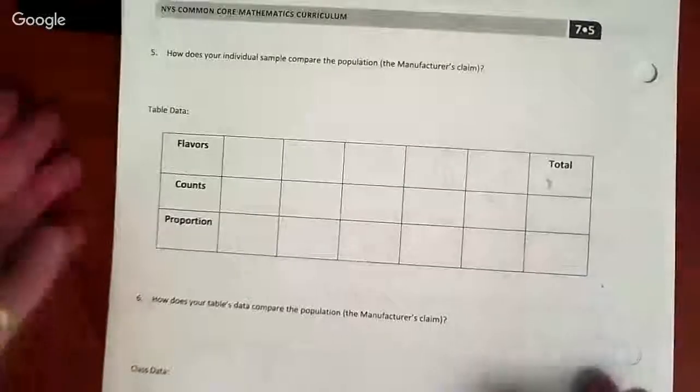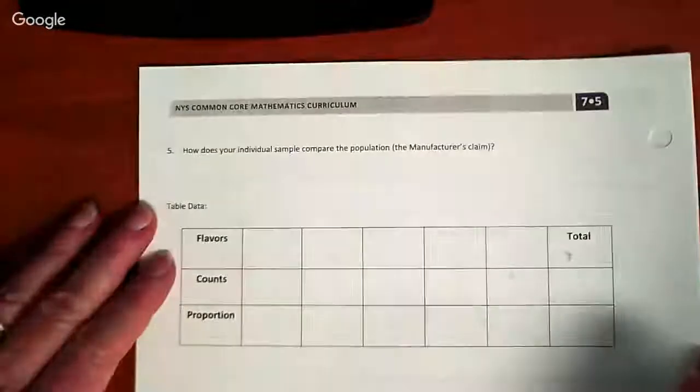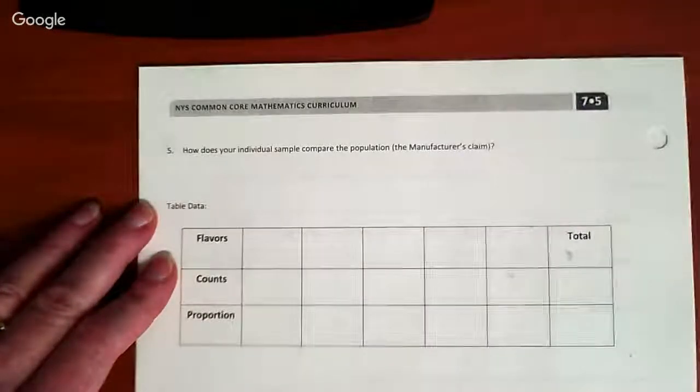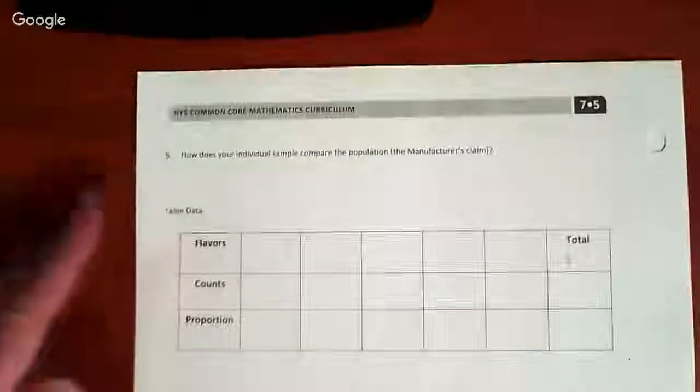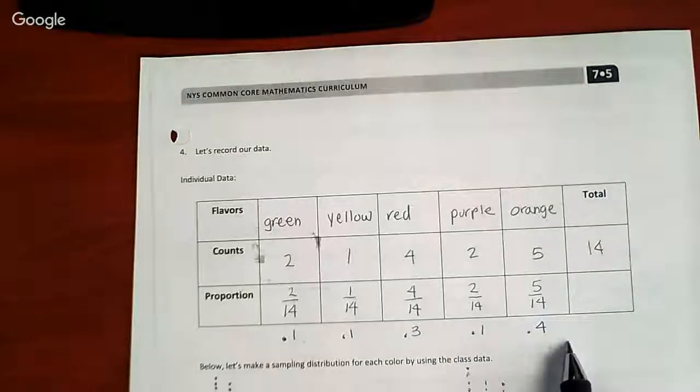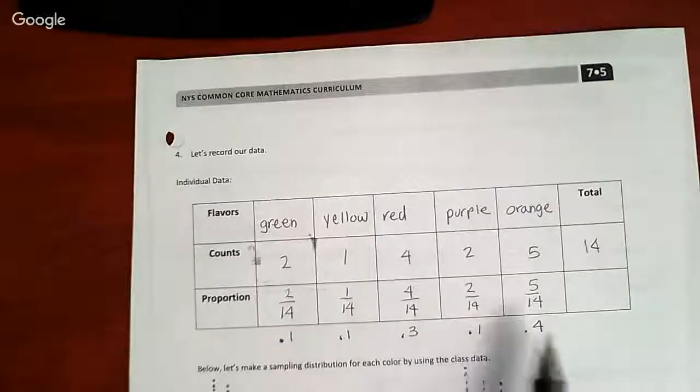So next, we turn the page here. It says, how does your individual sample compare to the population of the manufacturer? This is an individual question, guys. Each one of you are going to have different answers. Okay, mine, when I looked at it right here, compared to the manufacturer's 0.2, mine varied, especially between the 3 and the 4. So mine was similar.